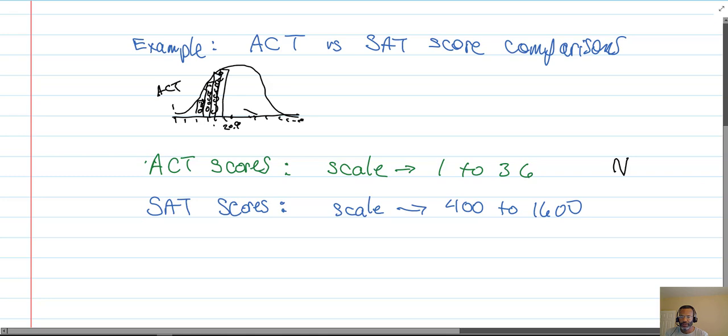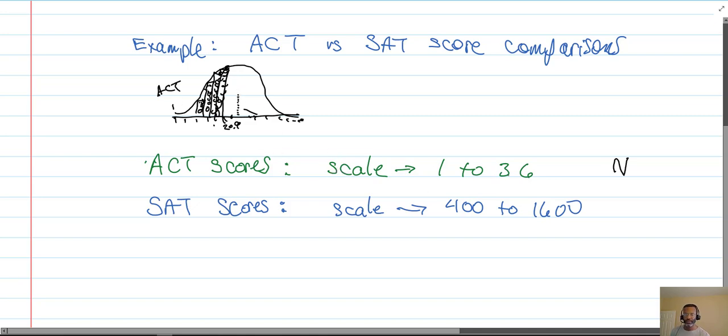How many got between 18 and 19? This would be a pretty dense histogram, looking more like an infinite number of dots. So we're going to use the normal distribution, this normal curve, to represent how these scores are distributed.